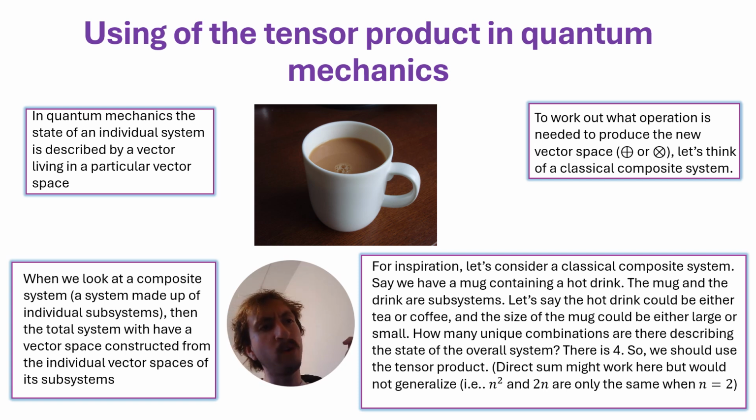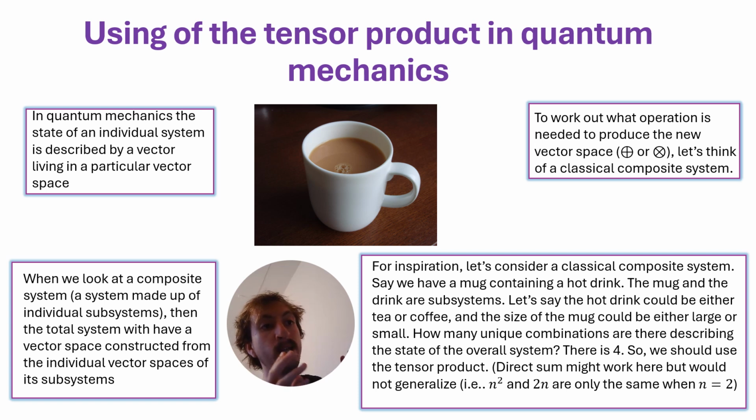So how many possibilities or how many components will this state need to have? Well, there are two drinks, tea or coffee, and there are two possible mugs, a large mug or a small mug. And therefore, there are in total 4 unique combinations. So my overall state needs to have 4 components for my overall system.